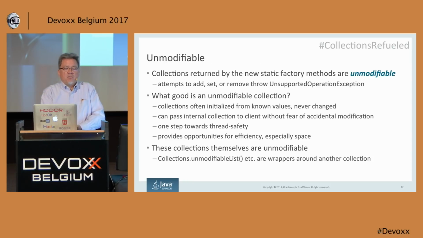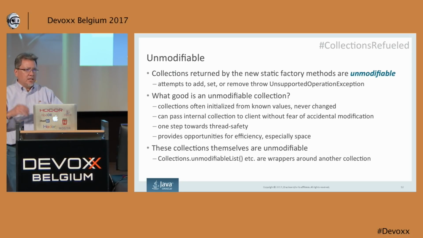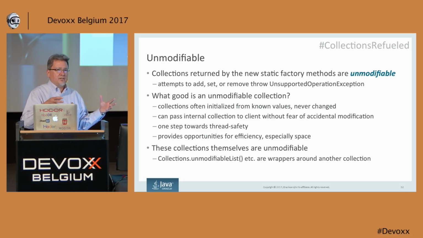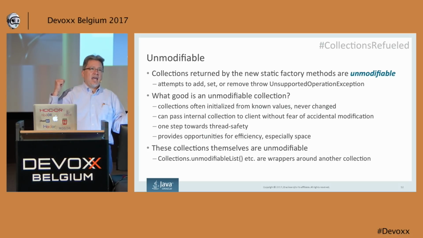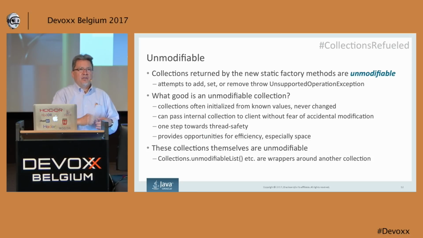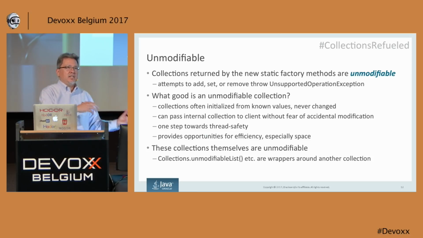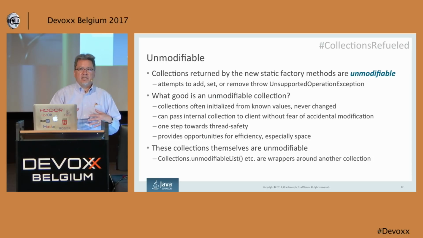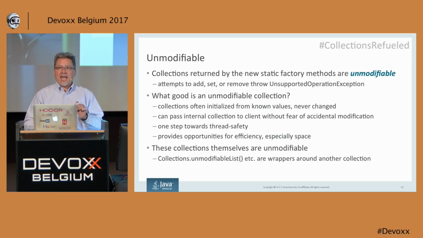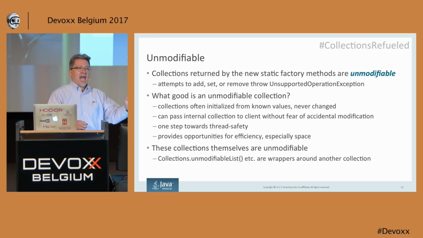All right, so let me talk about unmodifiability. As I mentioned before, I'm not really using the term immutable anymore, and the reason is that these are just collections, and if you take a mutable object and add it into one of these, what you get is still mutable. So calling these immutable collections is potentially misleading. I've had questions from people who say, if I take a mutable object and add it to one of these collections, does the whole thing become immutable?